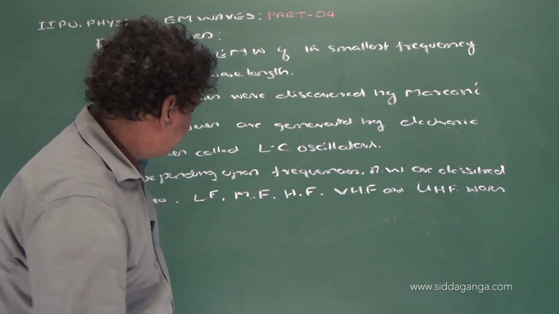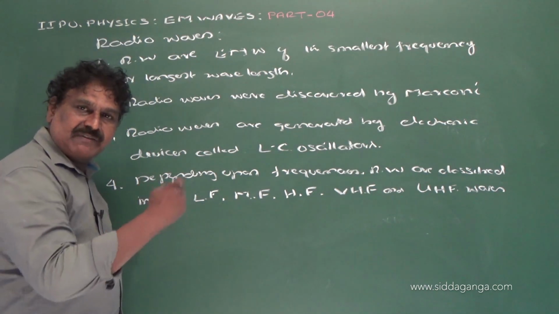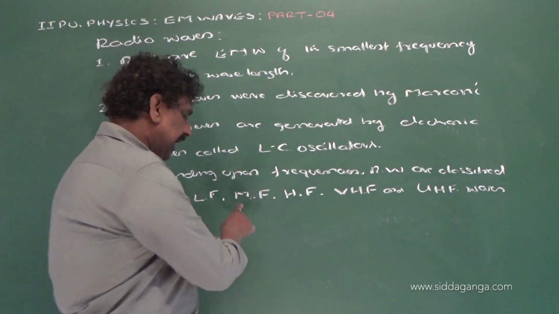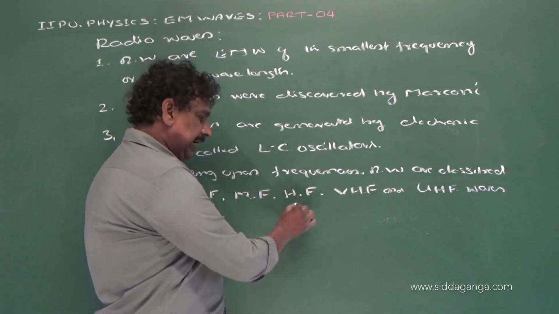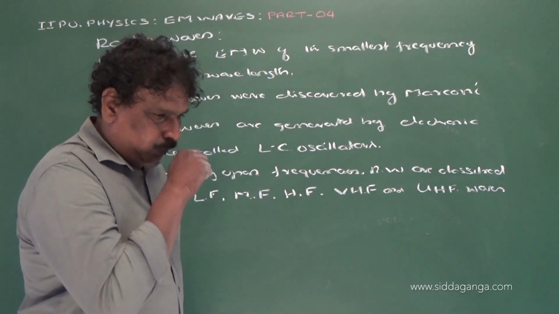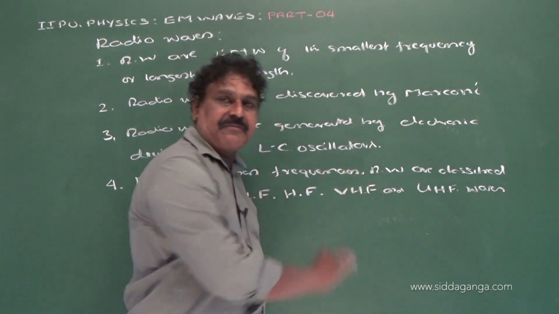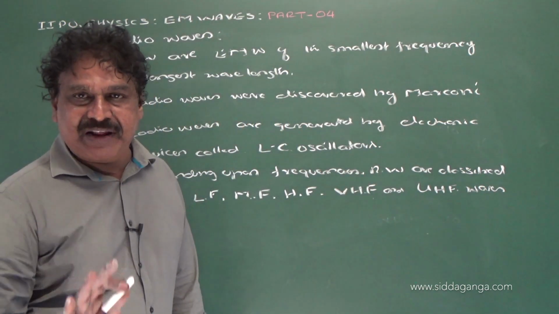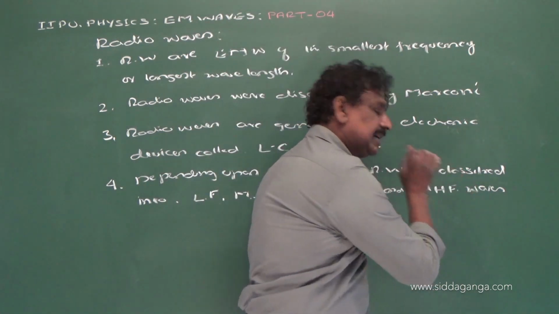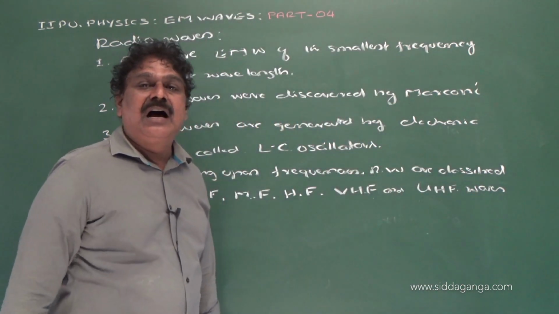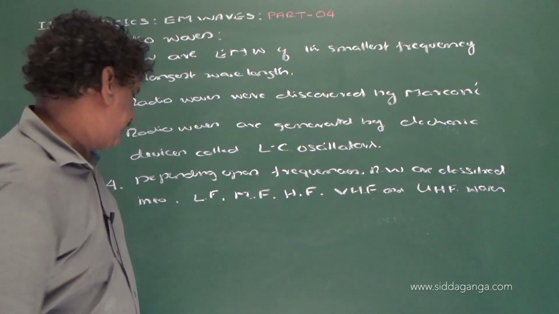Depending upon the frequency range, they are classified into LF, low frequency radio waves; MF, medium frequency radio waves; HF, high frequency radio waves; VHF, very high frequency radio waves; and UHF, ultra high frequency radio waves.